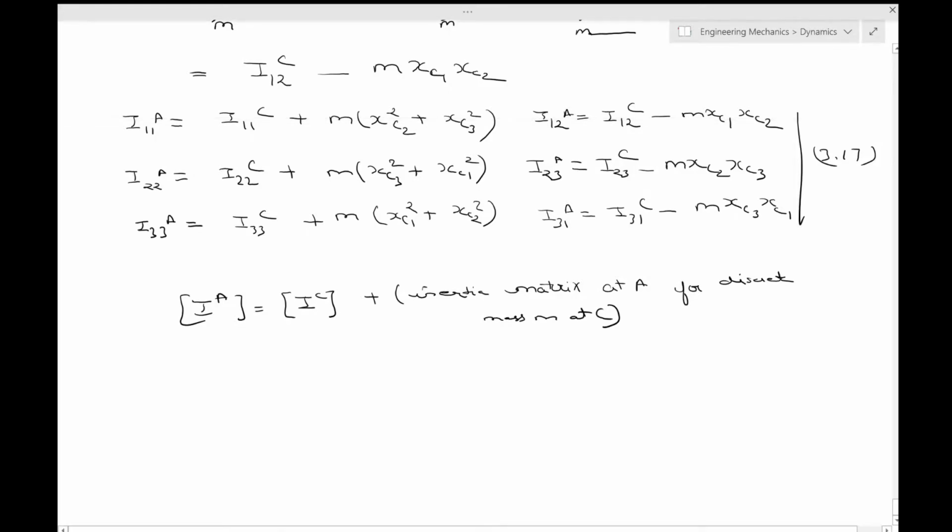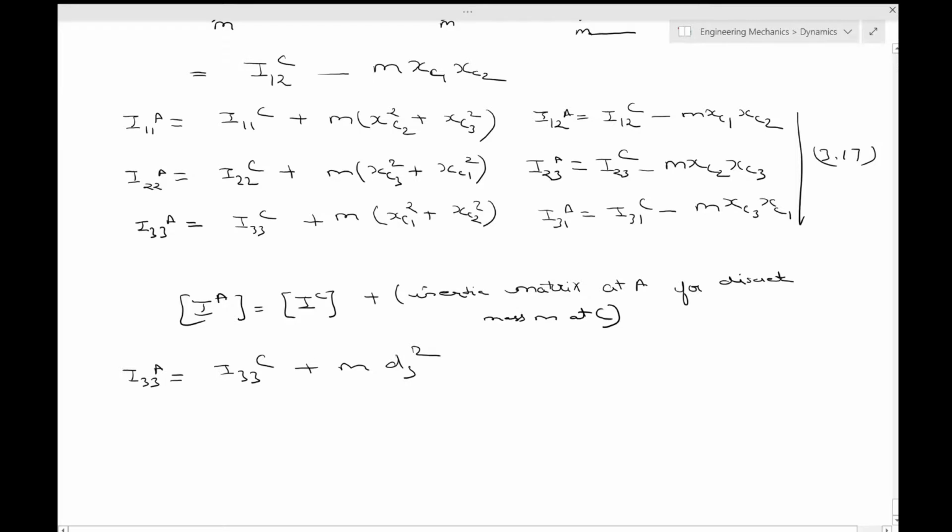Now we can write that I33 of A is equal to I33 of C plus m d3 whole square.